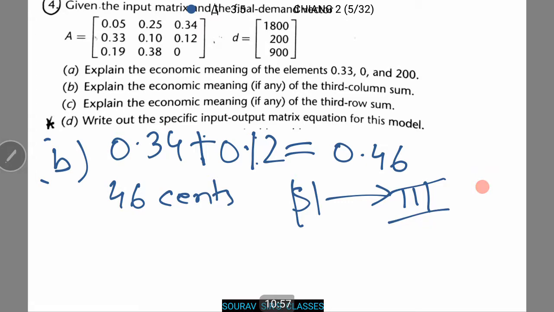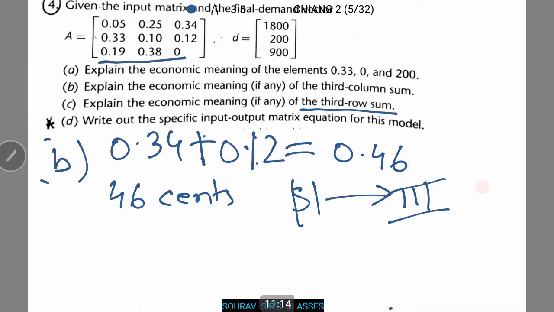Similarly, doing it for part C, we have to explain the economic meaning of the third row sum. This looks easy, but it is not.